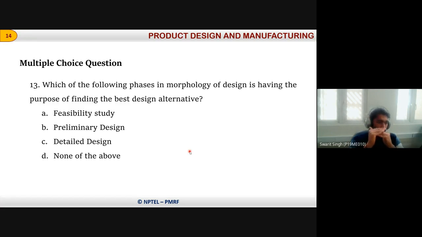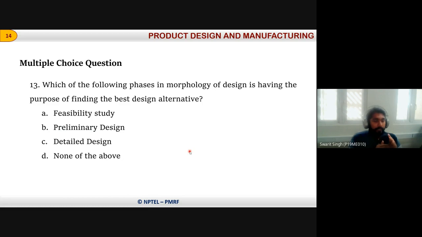Then it comes to the second phase, which is primary design. In primary design, we prepare a design, and then we move to the detailed design. Before moving to the detailed design, in the primary design stage only, we used to mark some changes as per the requirement.